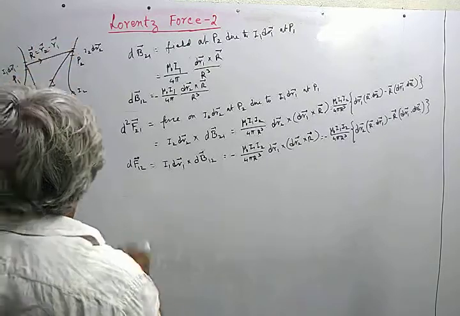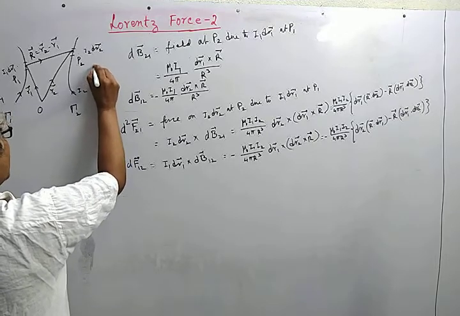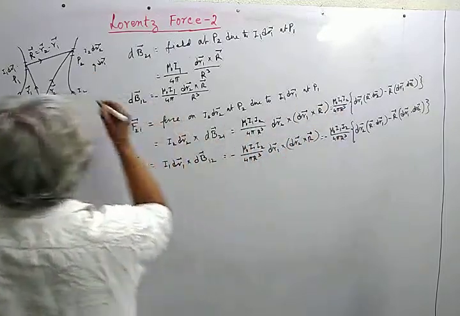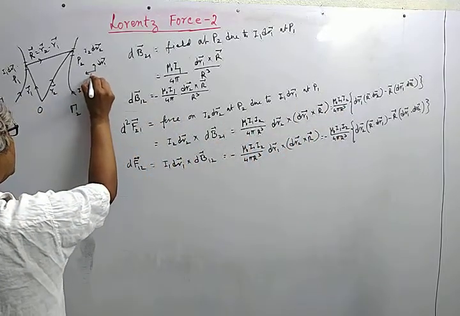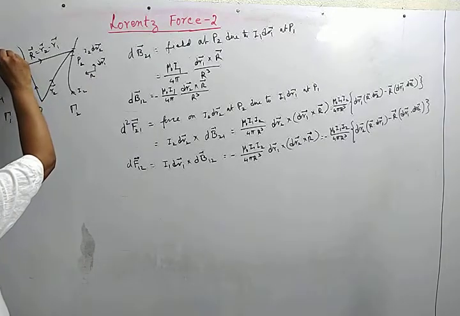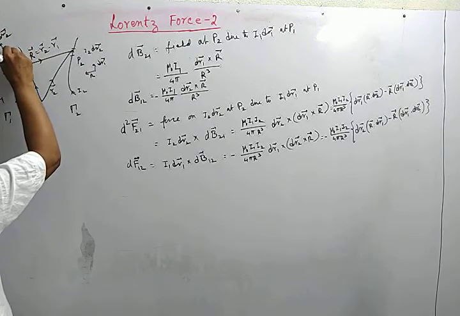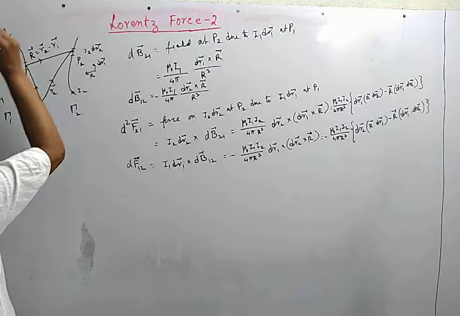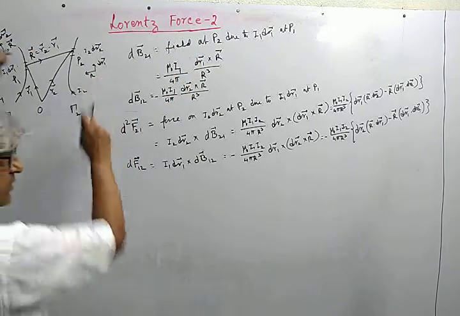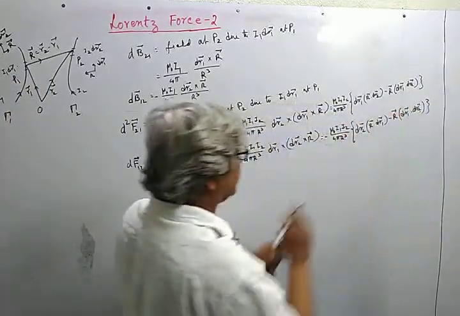The field will have two components, one along dr1 and the other along minus R. And in this case, the field will have two components, one along dr2 and the other along plus R. So these two parts are equal and opposite, but these two parts are in general different.